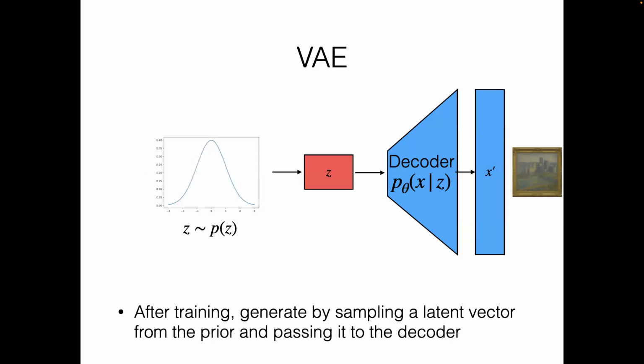The way these VAEs work is, if you have a well-behaved latent space, say a normal distribution, then you can generate a random sample by generating some sample from your normal distribution and passing it through your decoder, and you get a sample.